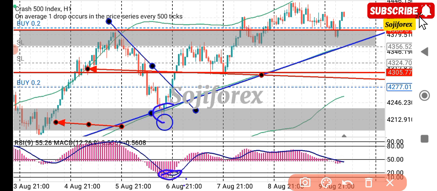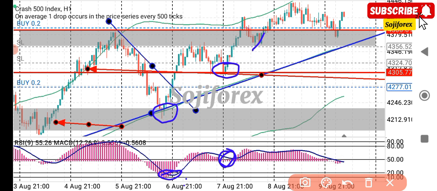And then price is on our trend line. And at the same time, price is on a support. Can you see this? This is a support. Here again, look at where price came. Price came to a support. This horizontal line you are seeing is at a support. Look at our MACD signal line at the level of 50.